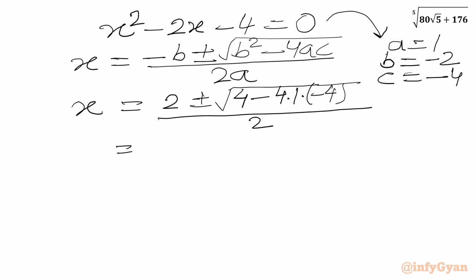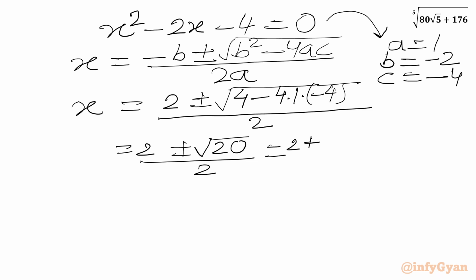So this will be equal to 2 plus minus the square root of 4 plus 16, which is root 20, over 2, equal to 2 plus minus 2 root 5 over 2, or equal to 1 plus minus root 5.